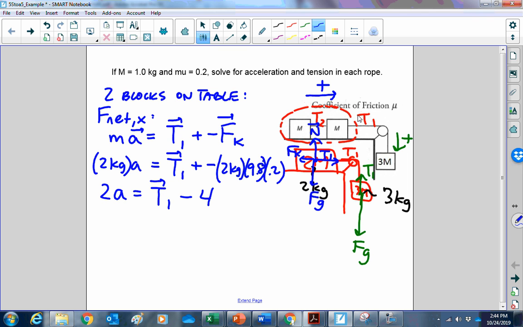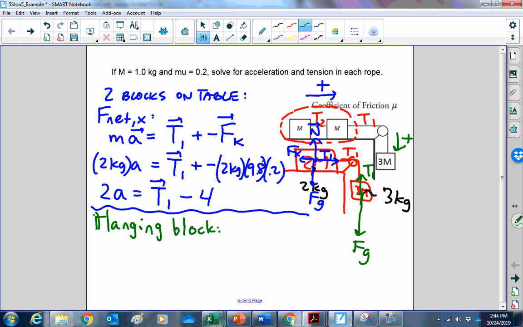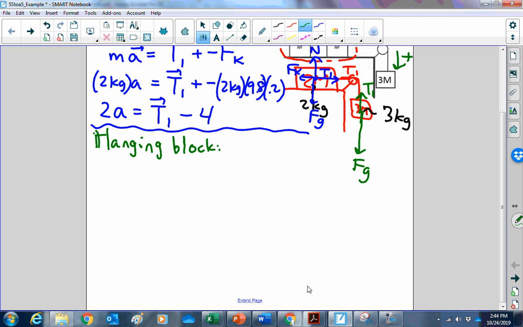Now I'm going to also write an equation for the hanging block, so the F net for the hanging block. Again I have mass times acceleration. The positive direction I said was down, so Fg is a positive force, and I'm adding T1 as a negative.